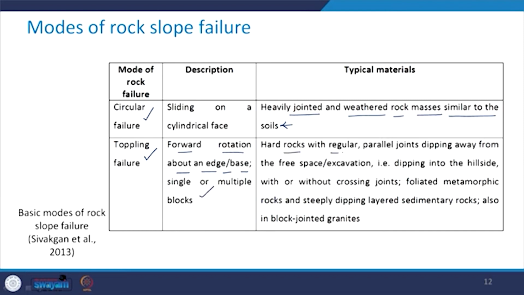Hard rocks with regular parallel joints dipping away from the free space or excavation, that is, dipping into the hillside, with or without crossing joints, foliated metamorphic rocks and steeply dipping layered sedimentary rocks show this, and toppling behavior is also observed in block jointed granites.